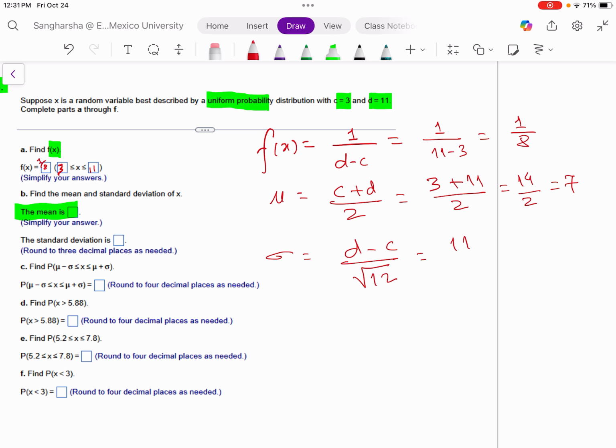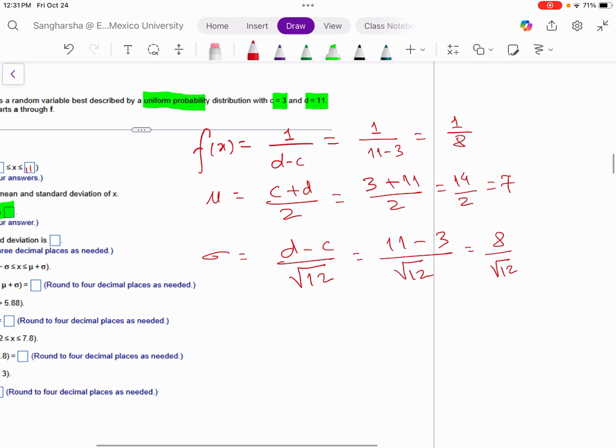D is 11 minus c is 3, divided by the square root of 12, so this is 8 divided by the square root of 12, and that is 2.3. So 2.3 is the standard deviation.